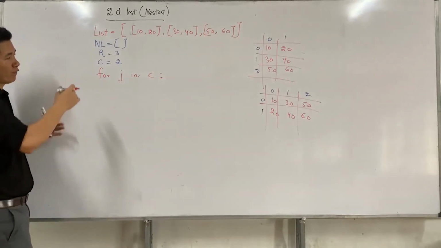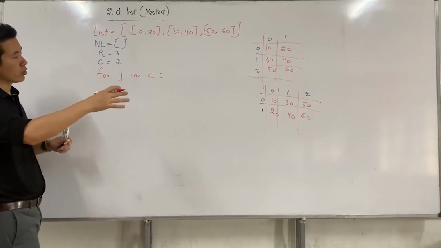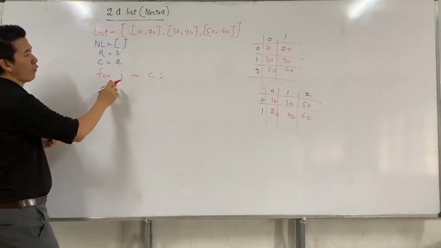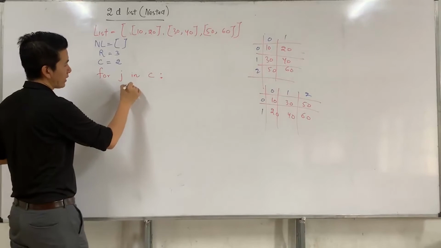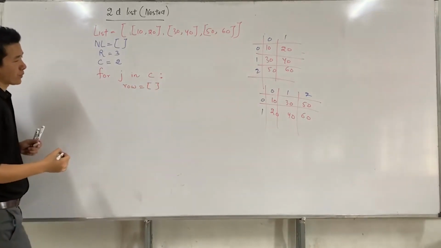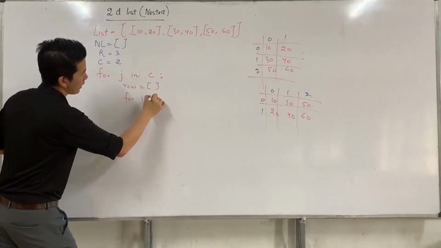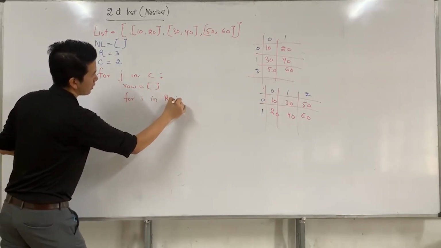Normally we start with for I in R. Since it is based on transpose, we would like to start with for J in C, and then I'll need a row, an empty list, and then for I in R.